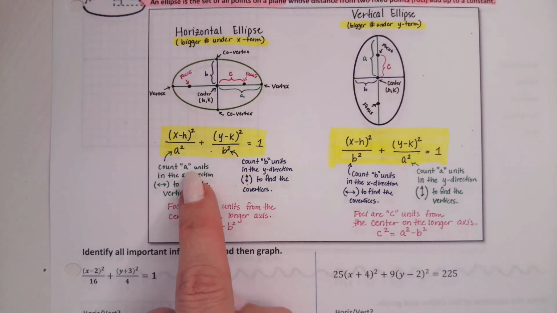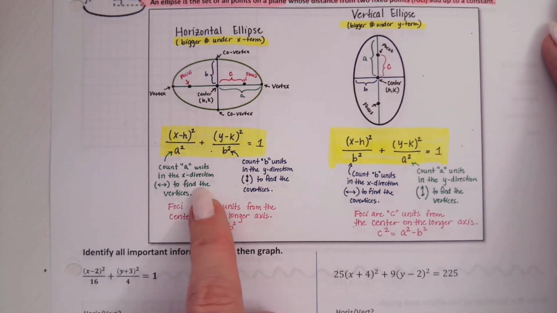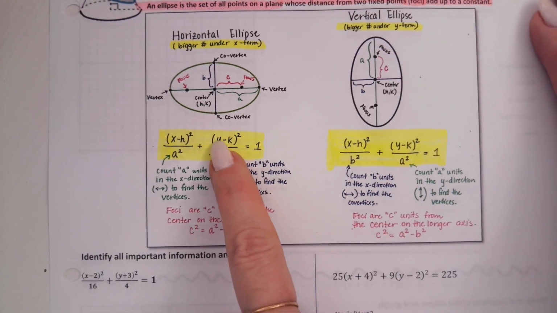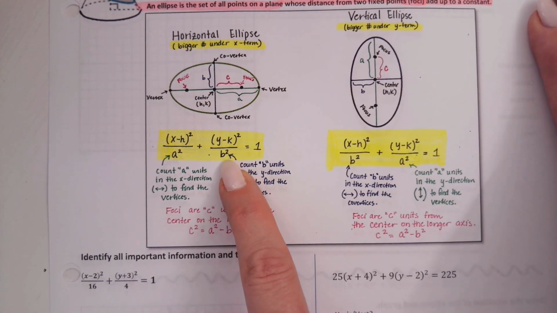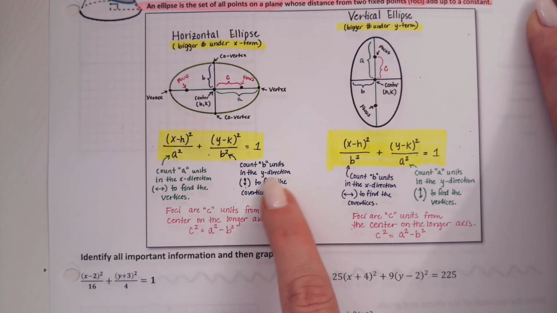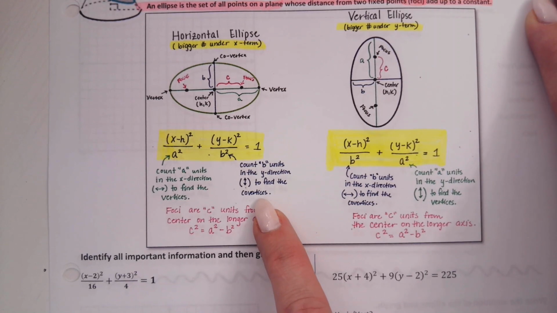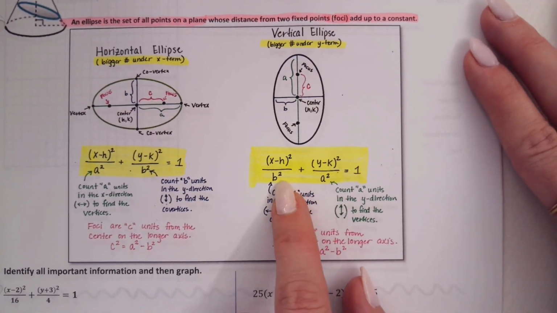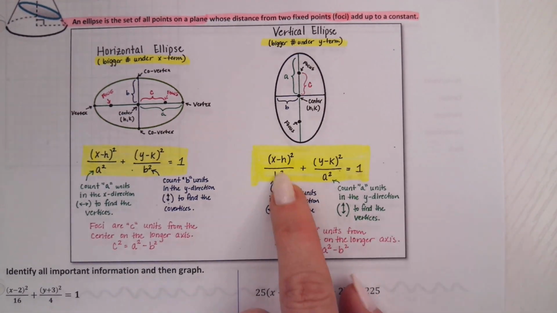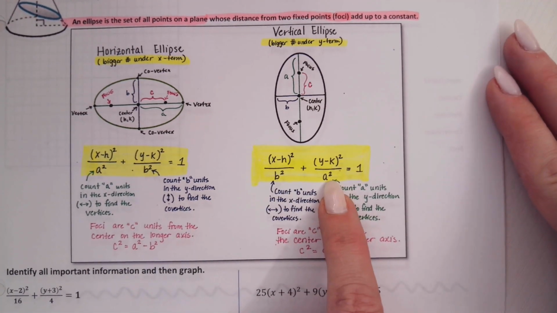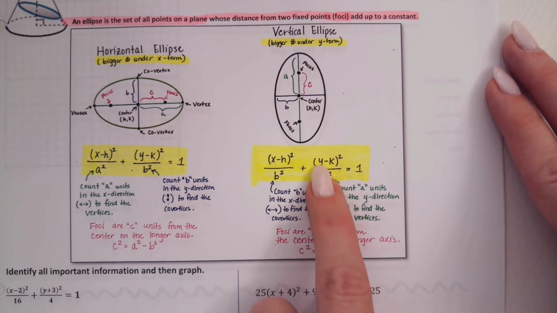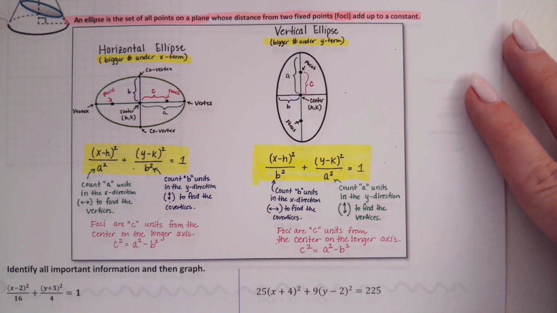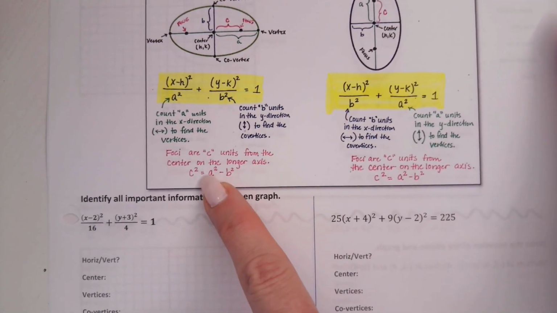So I count a units in the x direction, left and right, and that helps me find my vertices. Underneath the y term is my b squared term, so I count b units in the y direction, up and down, to find the co-vertices. Same thing for this one: whatever number is under x, if that's b squared, you count b units in the x direction. Underneath a squared, you count a units in the y direction. It'll make more sense once we do one. And then after the fact, I'll put in my foci.